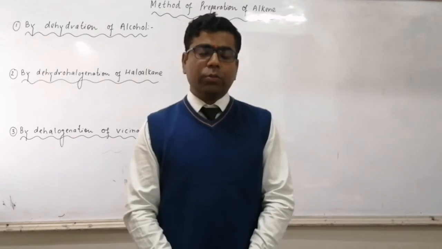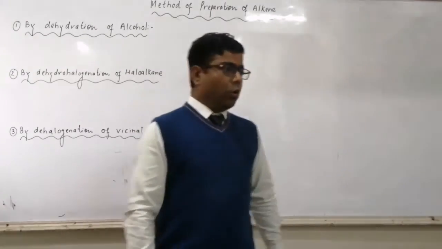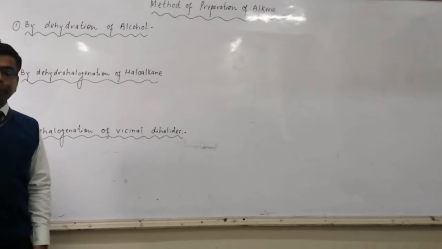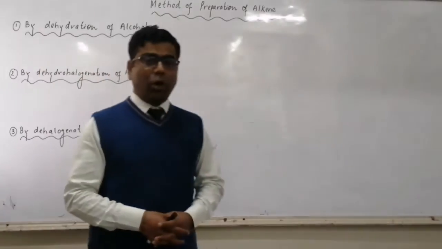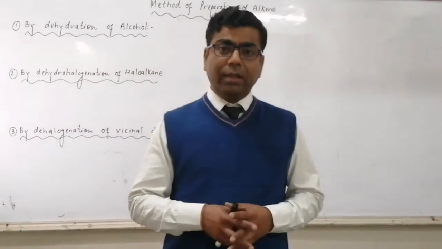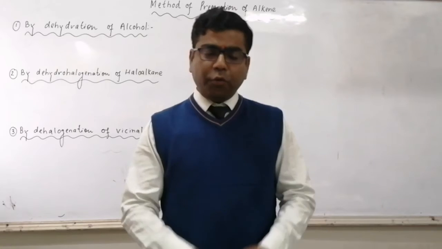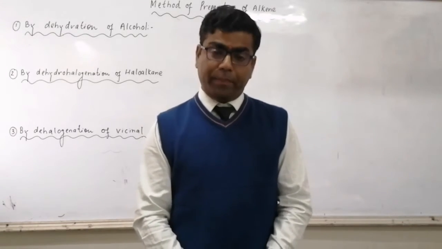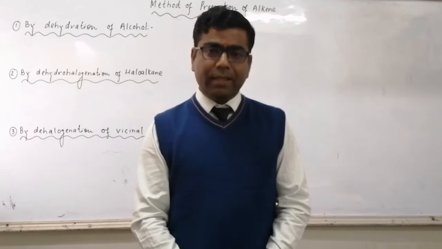Now, let us move to method of preparation of alkene. So, first method is using alcohols. If we carry out dehydration of alcohol, I have taught you in elimination reaction, then alcohols will be converted to alkenes.